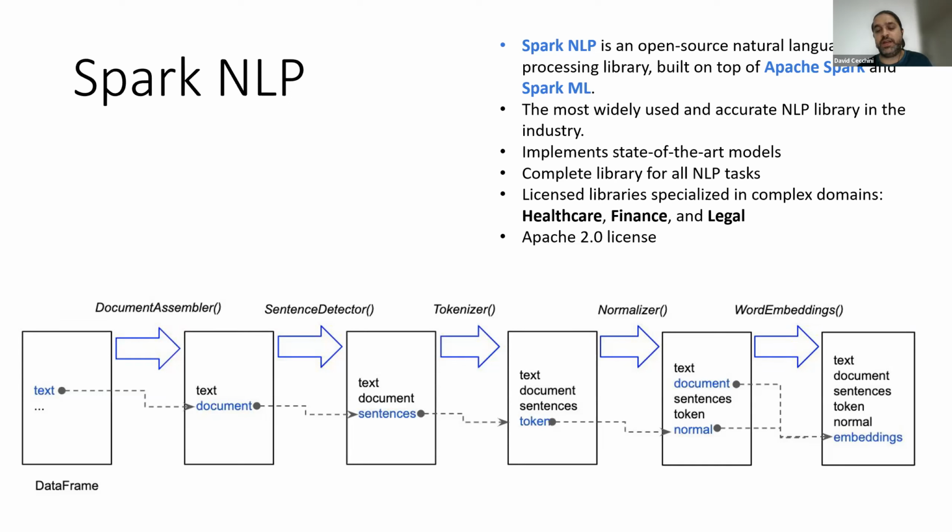The same for tokenizer, which will split the text into tokens and will add extra metadata. And so on. For each of the steps, we have many different annotators that we call them, and we can start building different pipelines to perform many tasks in parallel.